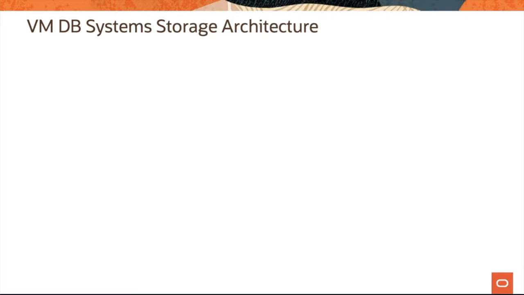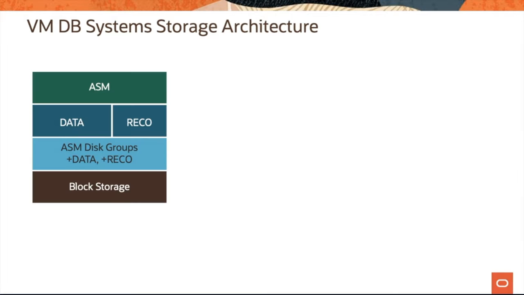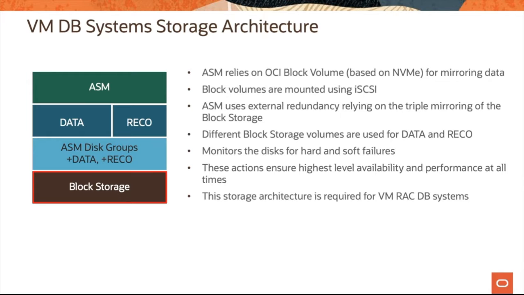Let's now look at the VM DB system's storage architecture. VM DB systems use the block storage service for the database storage. It uses ASM on top of the OCI block volumes for mirroring data.